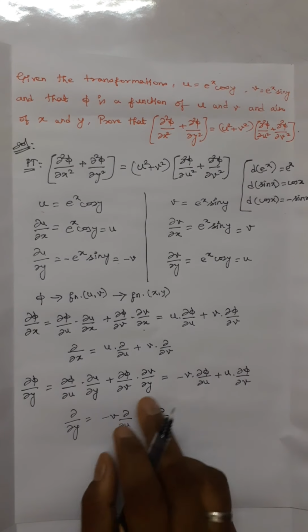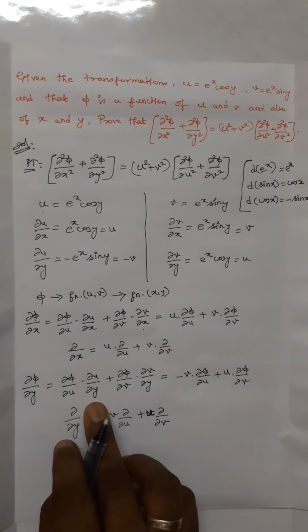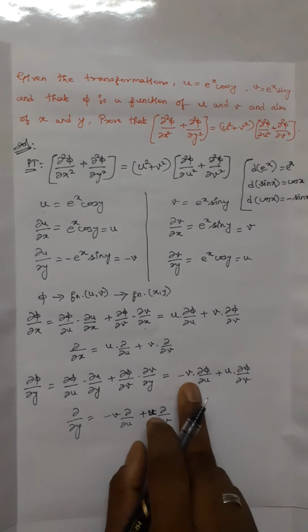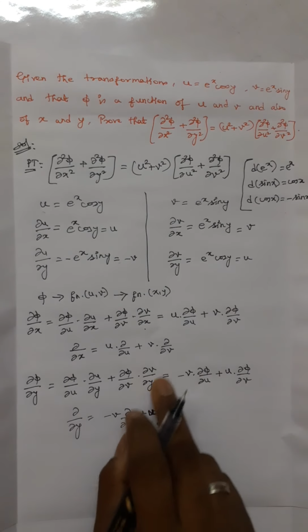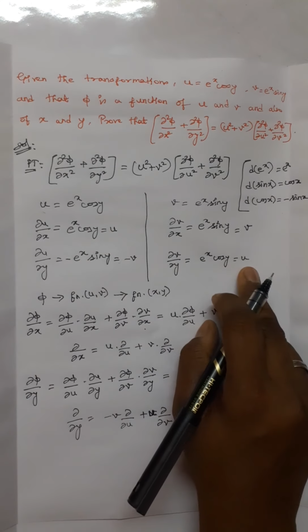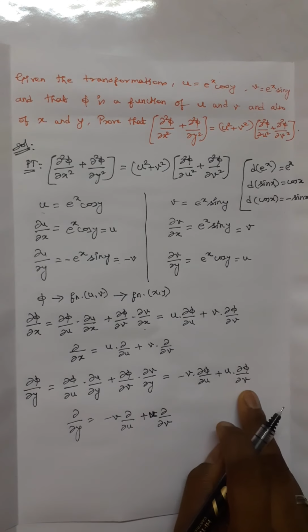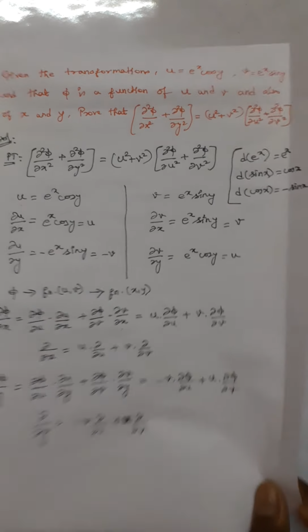See, here the value of the partial derivative dou u by dou y is minus v. So minus v, and this derivative dou phi by dou u. Similarly, the value of this derivative dou v by dou y is u. So u, and this derivative dou phi by dou v. So here the result, right?